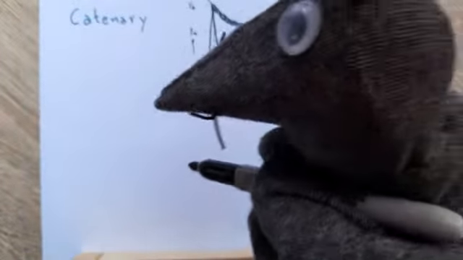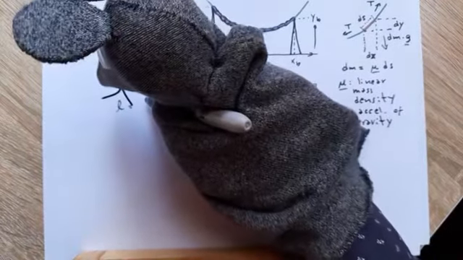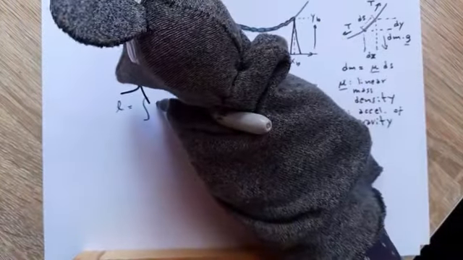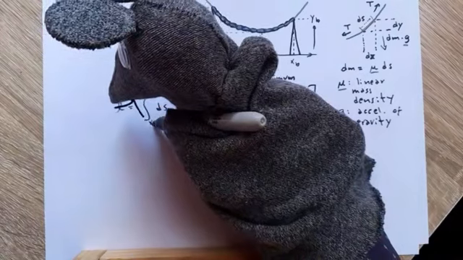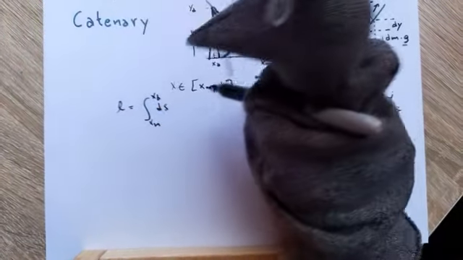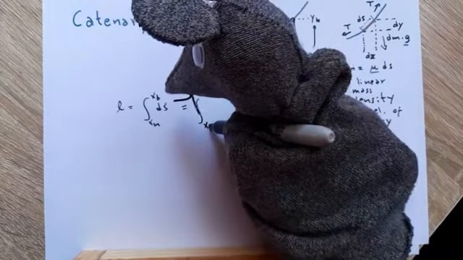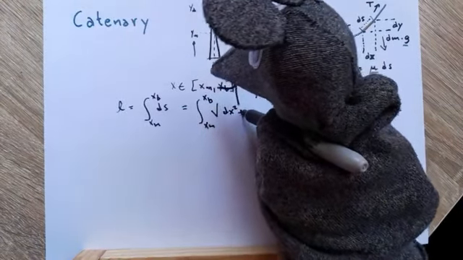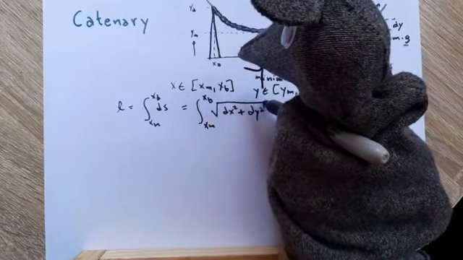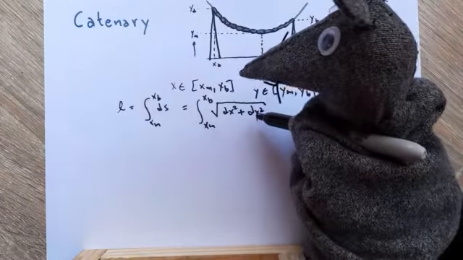First, the length of this part of the chain will be L equals the integral of ds between xm and xb, in which ds is the square root of dx squared plus dy squared.